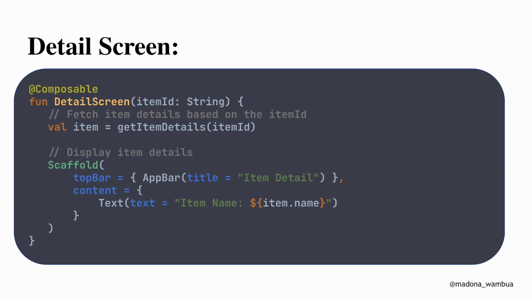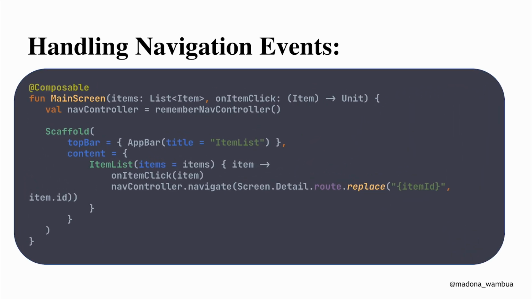So we're taking this text, which is item name, and then doing the $ sign item, getting that particular object, the name, and then displaying that. And here, we want to see how we're handling navigation events, which is pretty straightforward too. Not very hard. Once items are clicked, we use the nav controller and navigate here. That's how we use the nav controller to navigate to a particular screen and route.